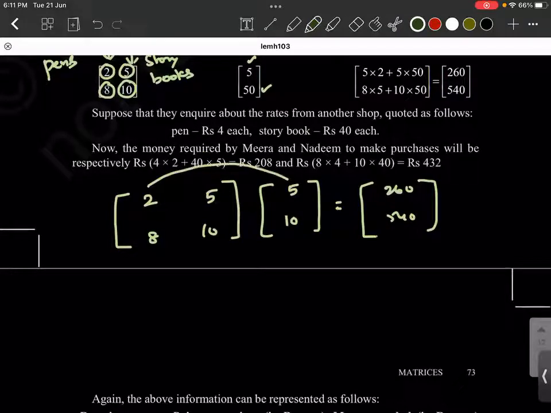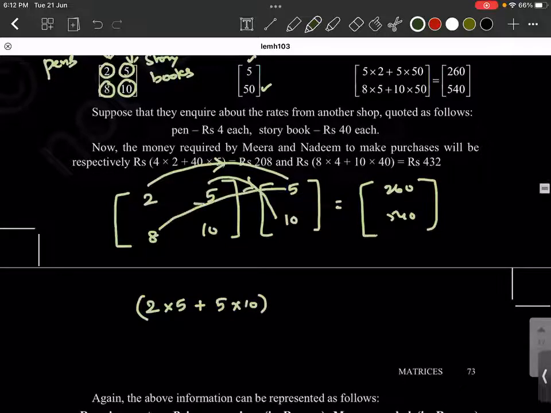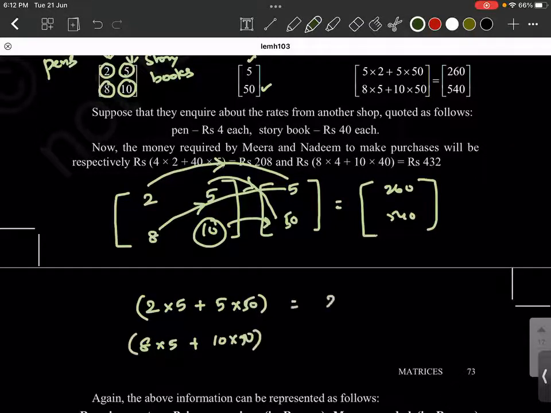This 2 is multiplied with 5, and you add this 5 multiplied with this 50. Similarly, you do 8 multiplied with 5 plus 10 multiplied with 50, which gives you 260 and 540. Is that clear?